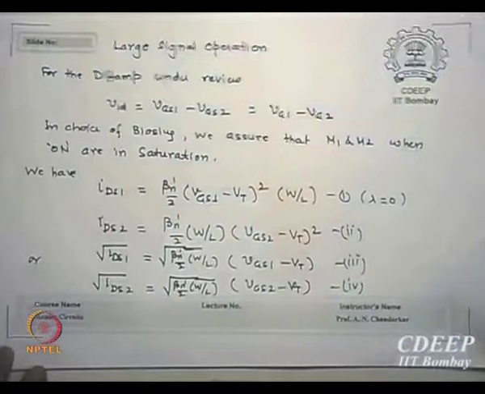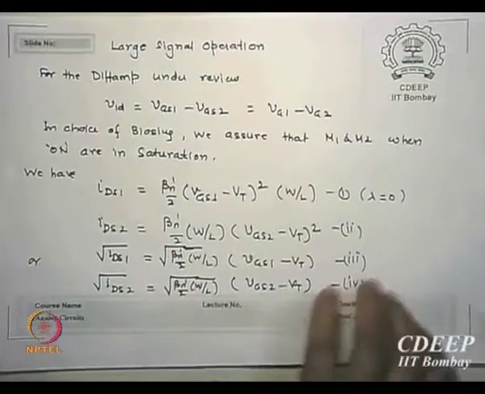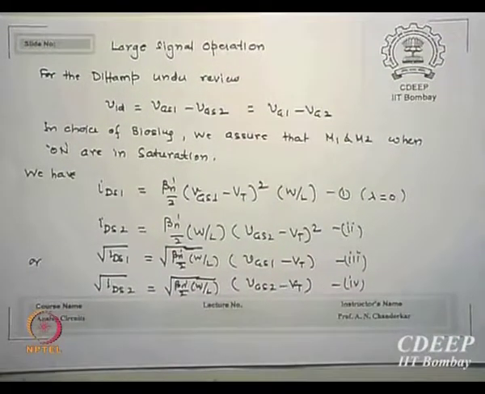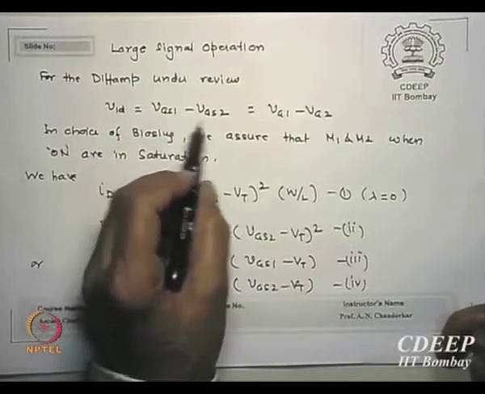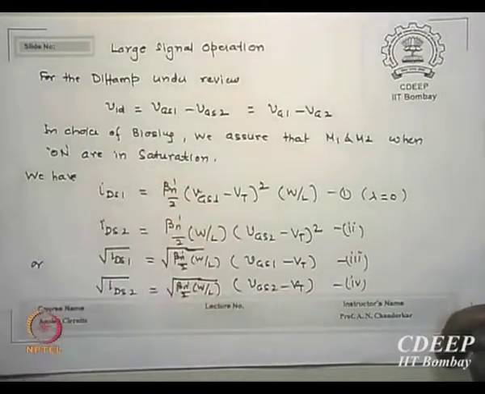For example, to make the point clear, you need not write all of it here because this is just copied from Smith's book. Because there was an issue that day, I thought maybe I will discuss large signal operation. For the diffamp which we discussed last time, we say VGS1 minus VGS2, and someone asks how it is equal to VG1 minus VG2.